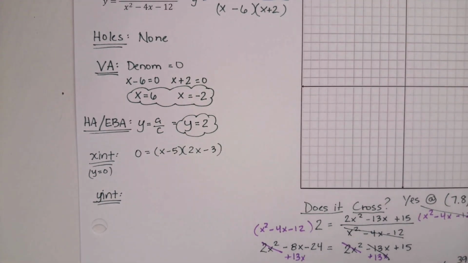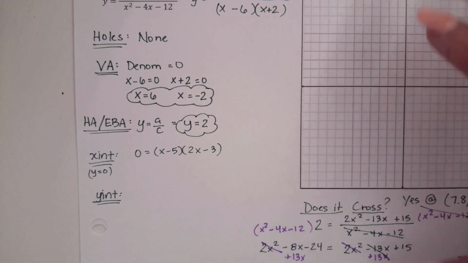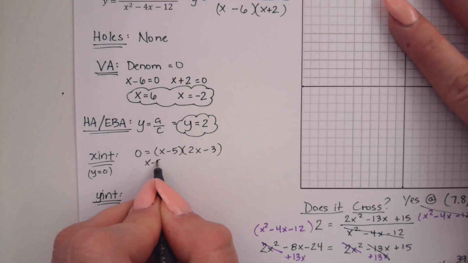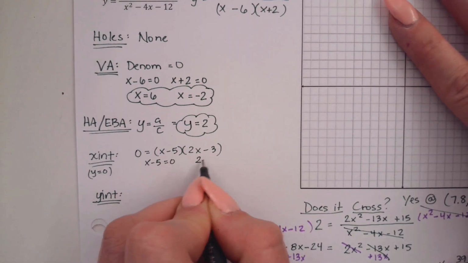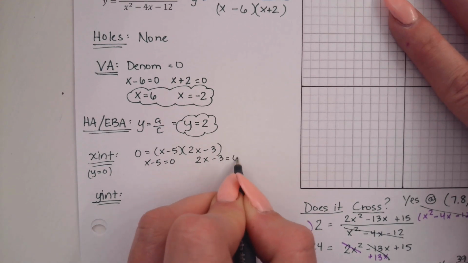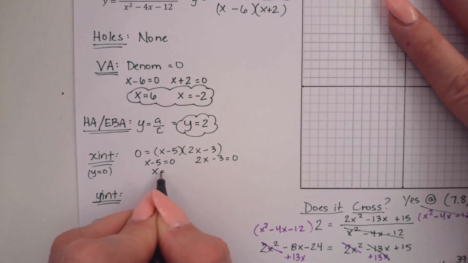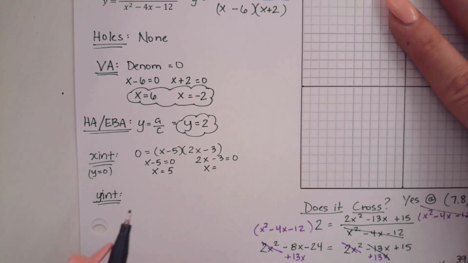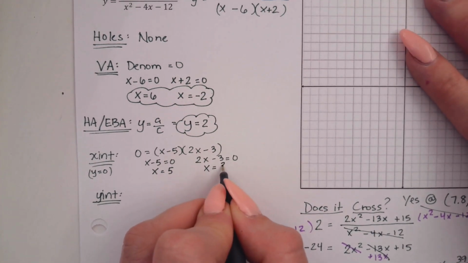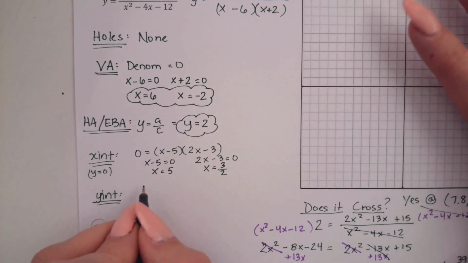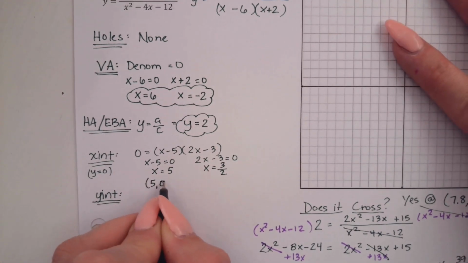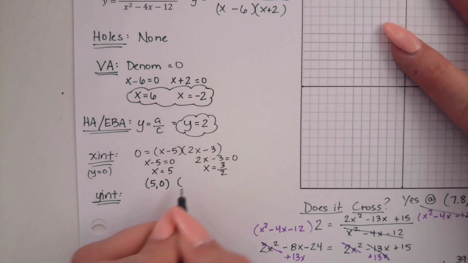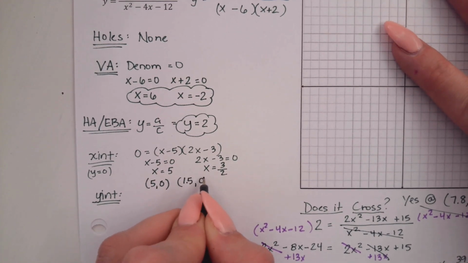How many x-intercepts will I have then? 2. Yeah. One when x minus 5 is 0, one when 2x minus 3 is 0. So one's at 5. What's the other one at? Plus 3 divided by 2. Very good. Remember, these should be written as points, so I'm going to have one at (5, 0) and one at (3/2, 0), which is basically just (1.5, 0).